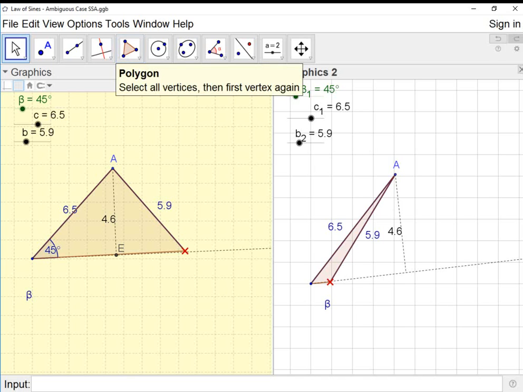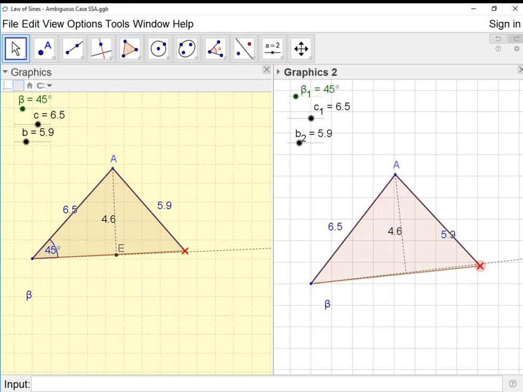Now, basically what happens here is that when we have certain dimensions of that third side, and it's essentially this 5.9 side that is causing the issue, in comparison to what we call an altitude here in the middle of this triangle, I can swing this third side around and intersect this ray that is made by that 45-degree angle, either there one time or there another time.